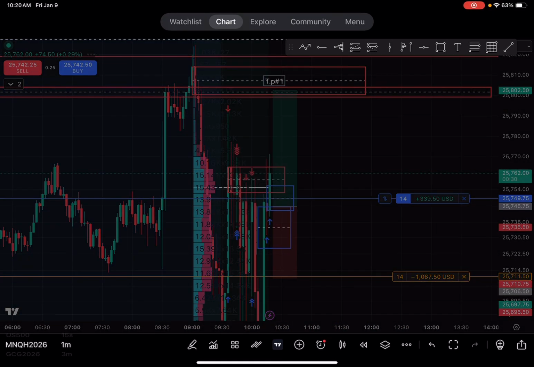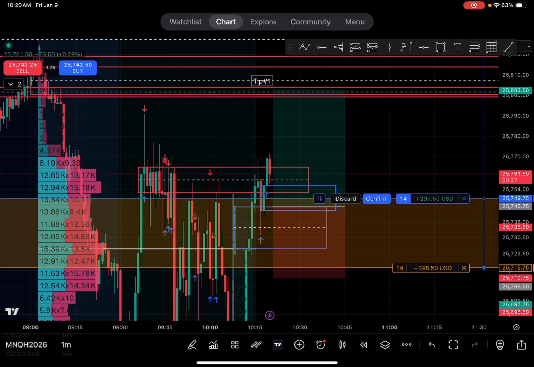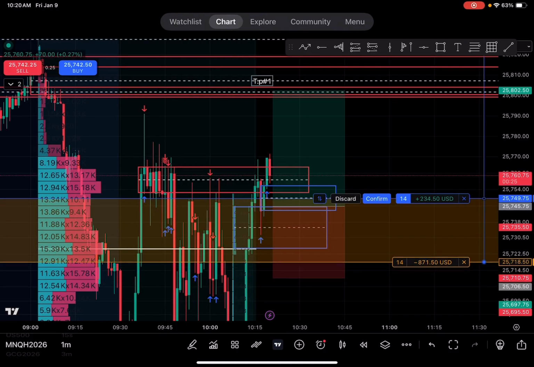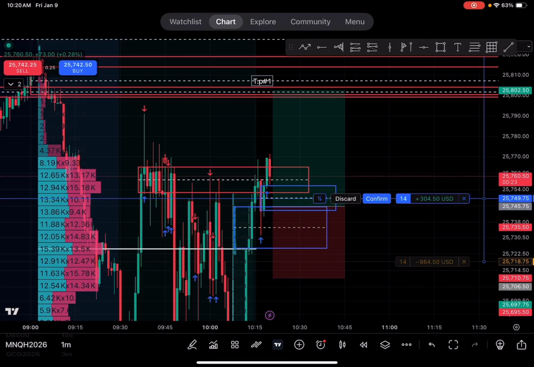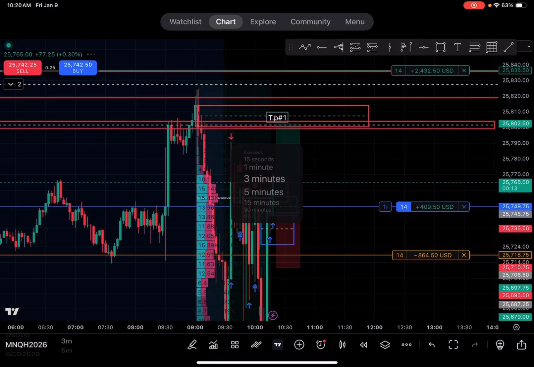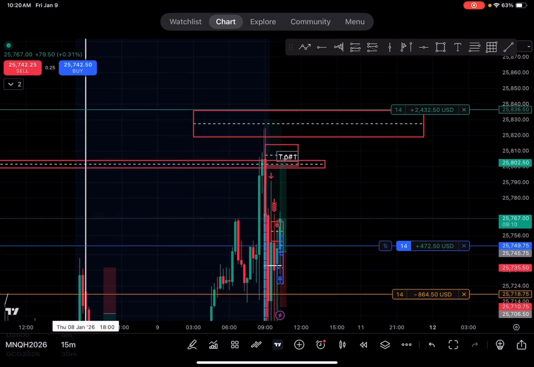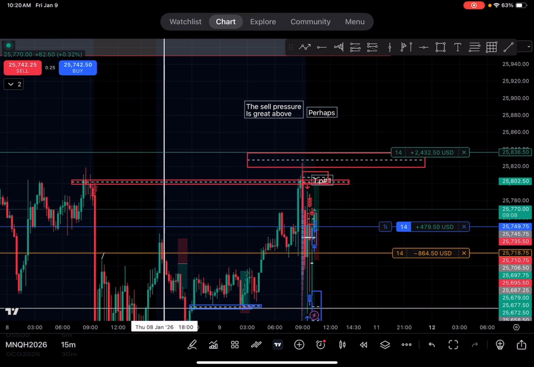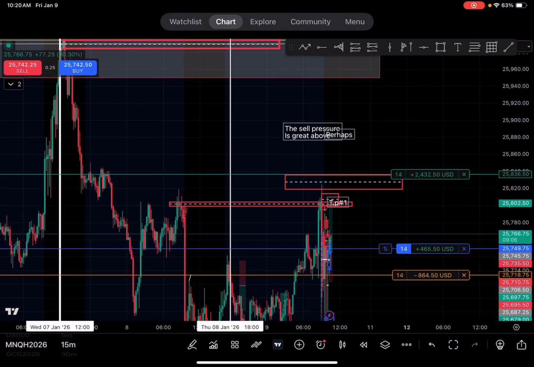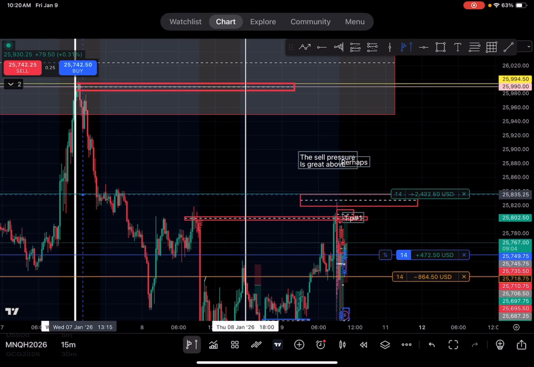If we truly want to go up, we shouldn't drop below the point of control. Take less of a loss if we do lose. Now I was thinking since we put in a new low, it's potential for us to put in a new high. So where would be the best area for take profit?